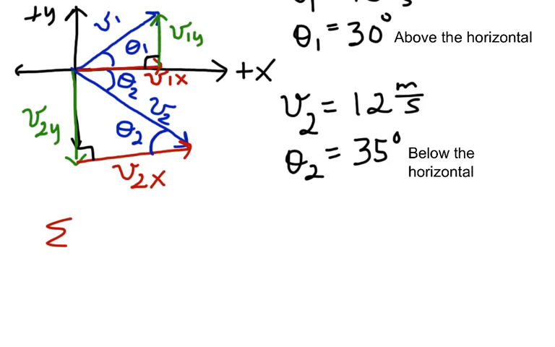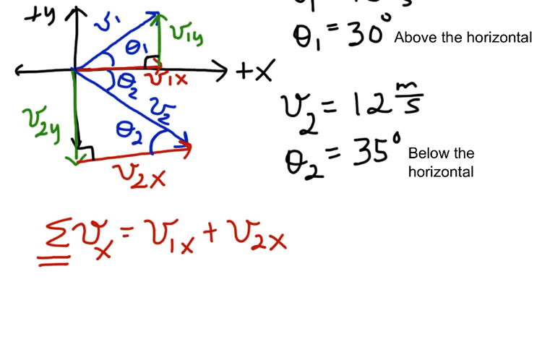The velocity values, I want to sum up the velocity values in the x direction. In this case, it looks like I'm going to have a v1x plus a v2x. Notice my notation here, what I'm underlining is the capital Greek letter sigma, and that just means total or sum, and this is of the velocities in the x direction.